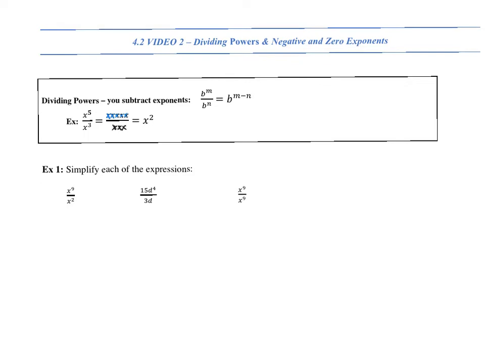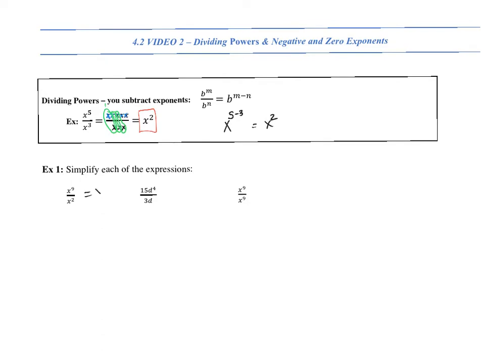Anything divided by itself is just 1. So 3 of these x's in the denominator cancel, and we're just left with x times x, which is x squared. So what you end up being able to do is just take the numerator's power minus the denominator's power. And that's how you do it.